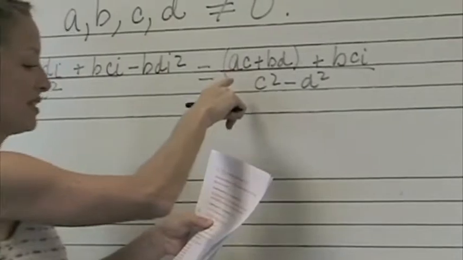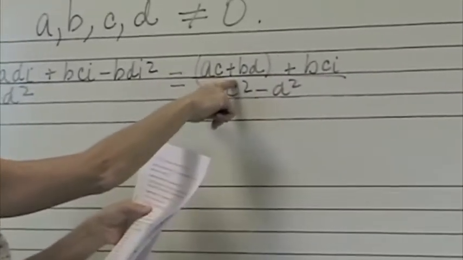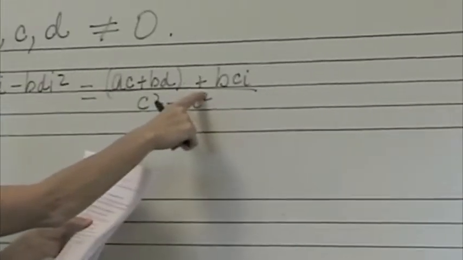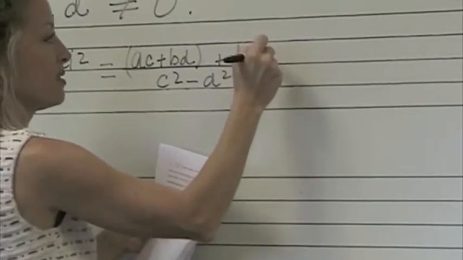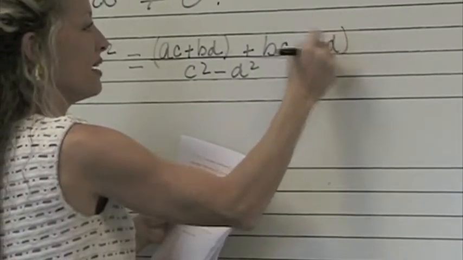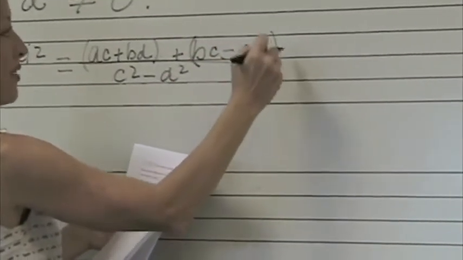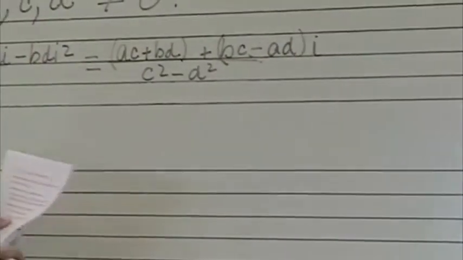I can simplify into AC plus BD plus BC minus AD, and take out the i. That's in factored form.